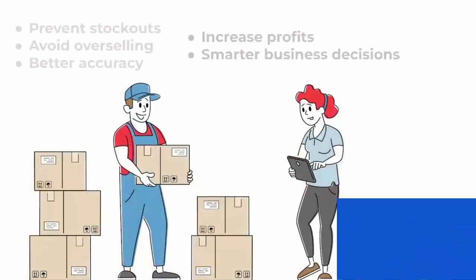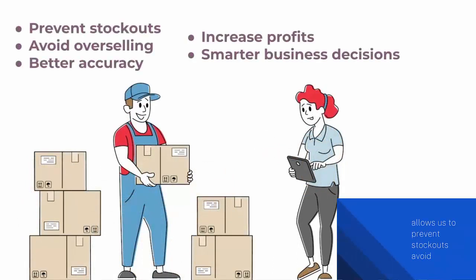Implementing a top-tier inventory management software like Odoo allows us to prevent stockouts, avoid overselling, maintain better inventory accuracy, and increase our profits. That's the best part, plus it helps us make smarter business decisions. Can't ask for much better than that, right?